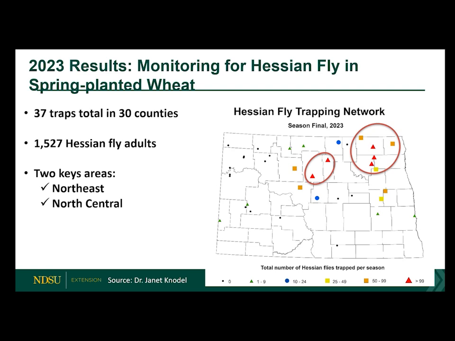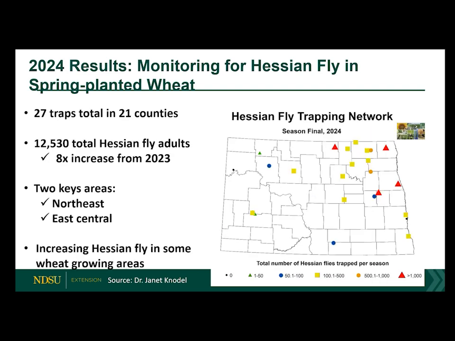So 50 to exceeding 99. Now 2024, we had, I think it's 27 traps, and we had an increase from 2023. Again, our key areas that we're looking at is the Northeast. So we're seeing this increase in some areas.